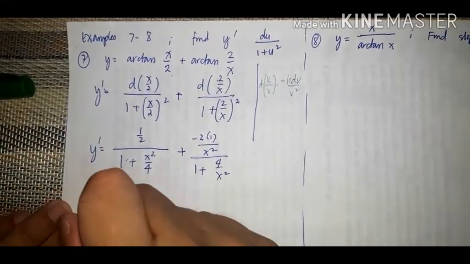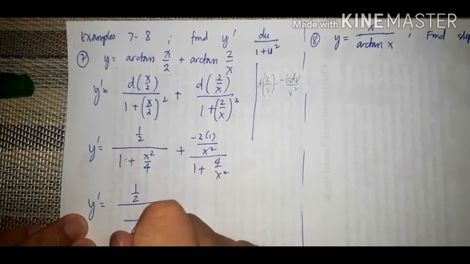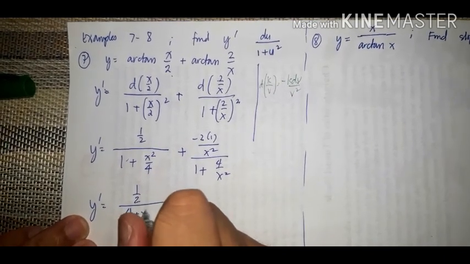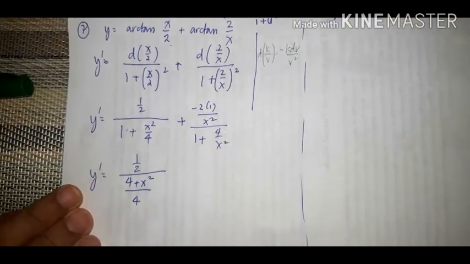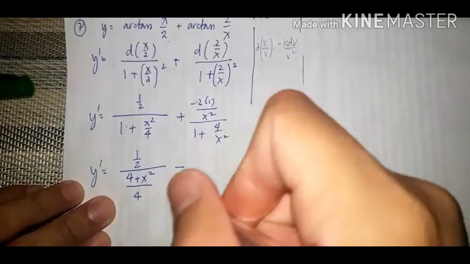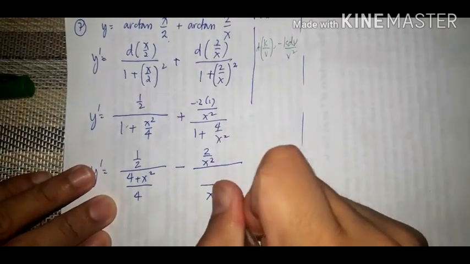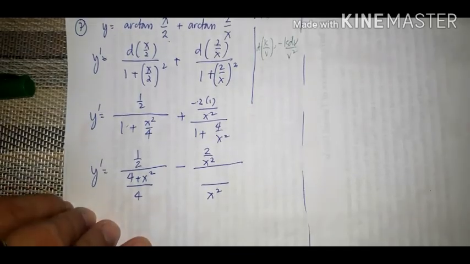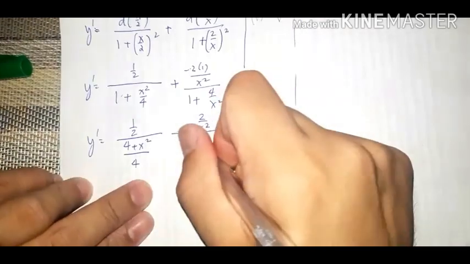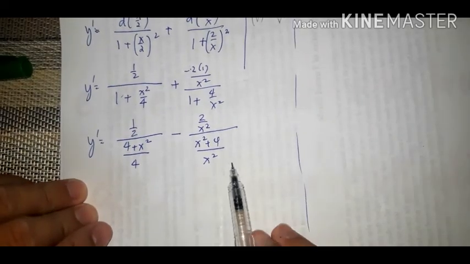So, this now gives you y prime is 1 half over, LCD is 4, so this is 4 plus x squared. This is plus times minus is 2 over x squared over LCD is x squared. You have x squared plus 4 as LCD. Ay, x squared is LCD, so magiging x squared plus 4 yon.